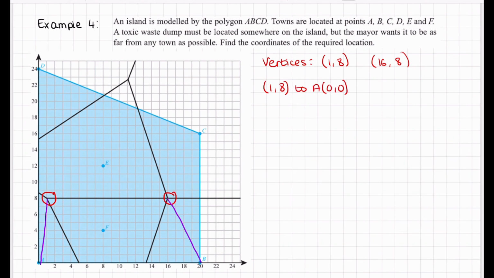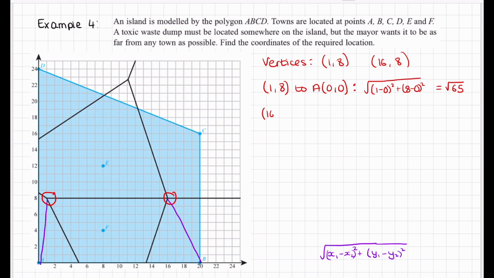So we went from (1, 8) to A, which is at (0, 0), and remember our distance formula. So this will be the square root of (1 minus 0) all squared plus (8 minus 0) all squared, which will give us an answer of the square root of 65.